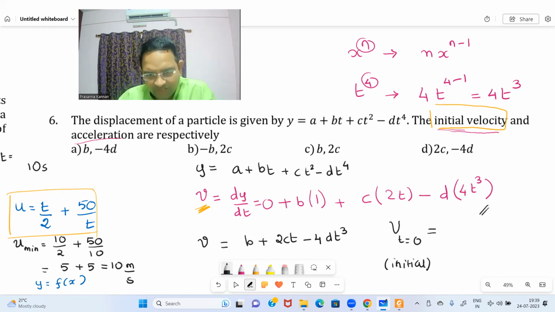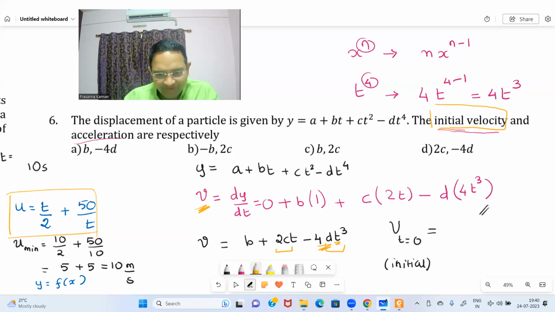So when you substitute t in this equation, what are you left with? When you substitute t as 0, what will happen to this term? 2c into 0 is 0. What is d into 0 cube? 0 cube is 0.